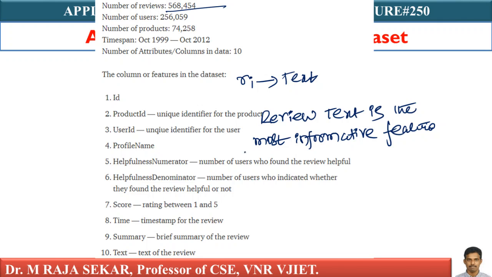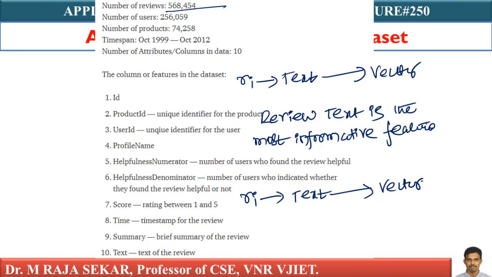Each text we converted into a vector. Ri means review, in which you have text, and each text is converted into a vector by using techniques like bag of words, TF-IDF, and word2vec.